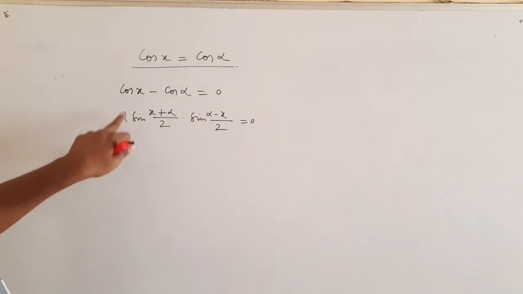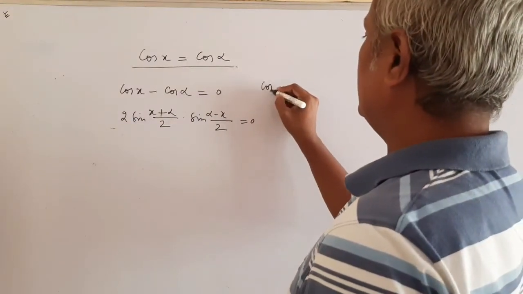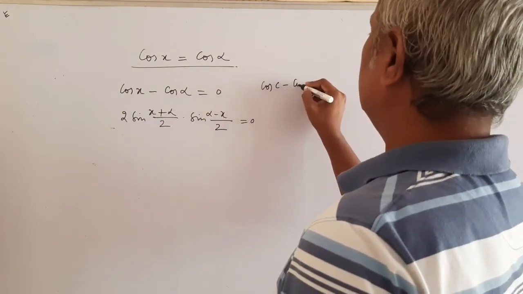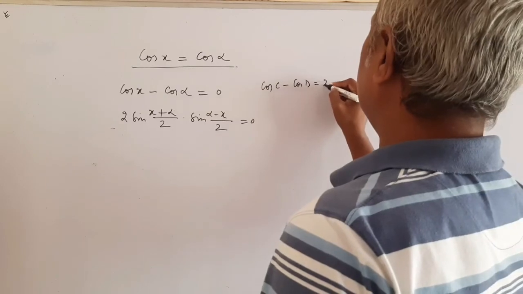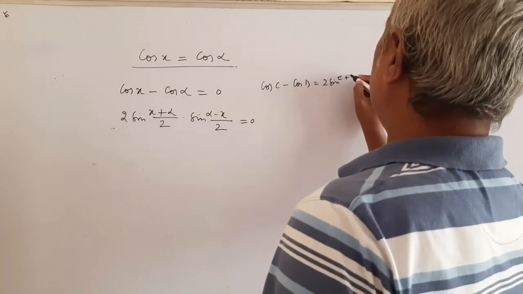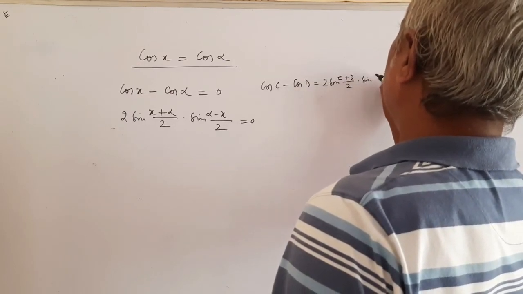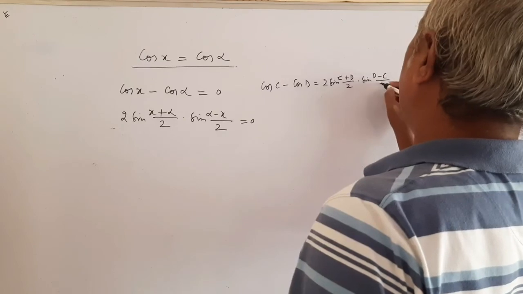This is the formula for cos c minus cos d. So for your convenience I write: cos c minus cos d is 2 sine (c plus d by 2) into sine (d minus c by 2).